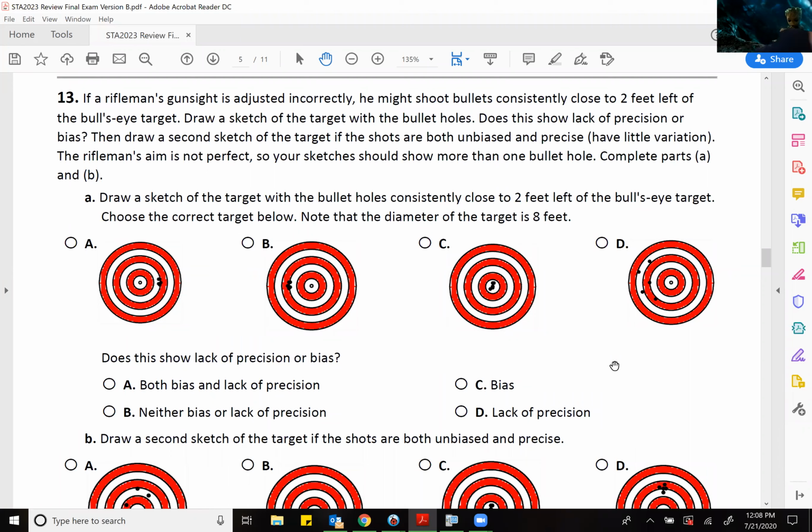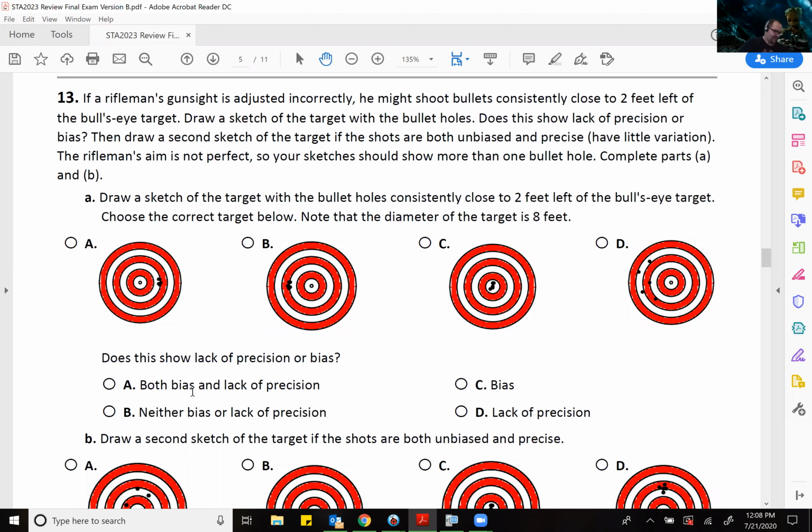Being consistent means that there's very little spread. So that's why we chose this picture. And because there's very little spread, that means it does not lack precision, okay? As long as you're close together, your precision is really good. This would be poor precision.